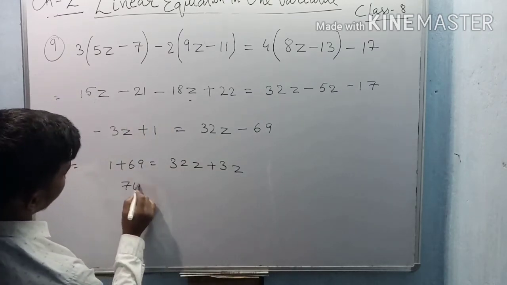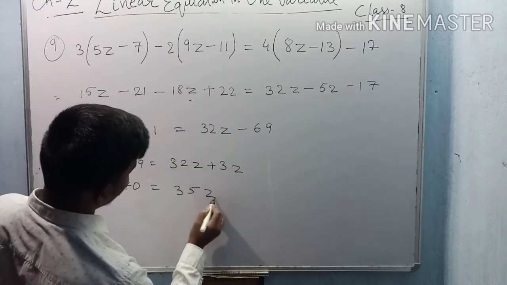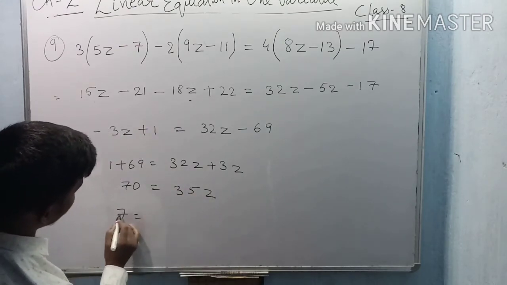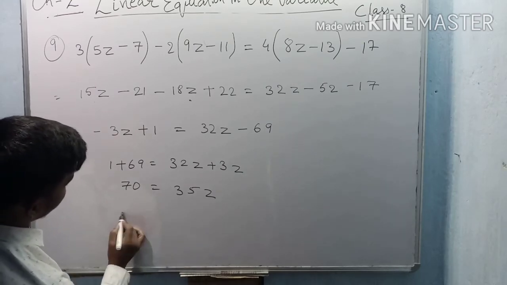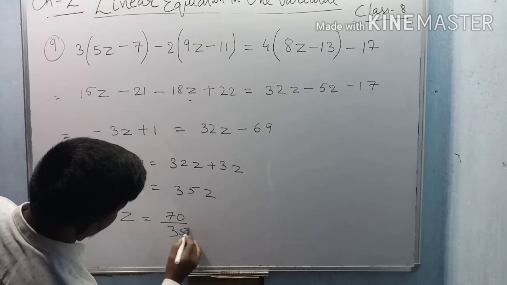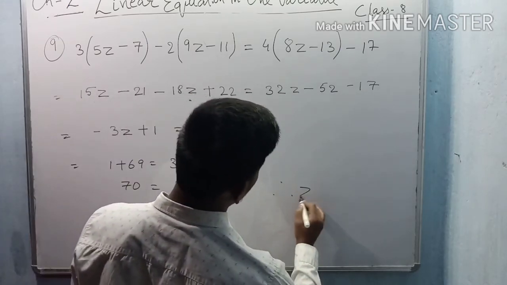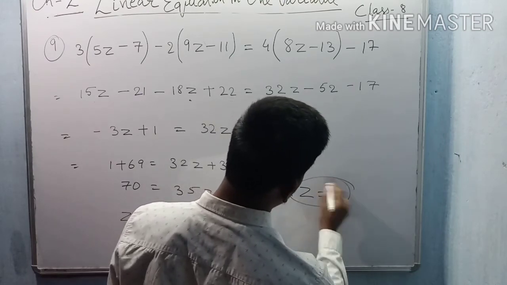So 70 equals 32 plus 3 will be 35z. So z equals 70 by 35. That is 35 twos are 70. Therefore z equals 2.